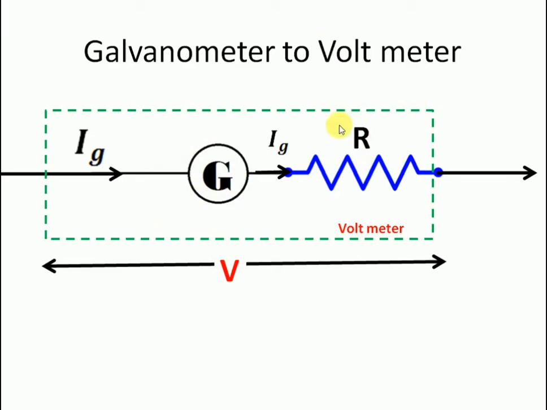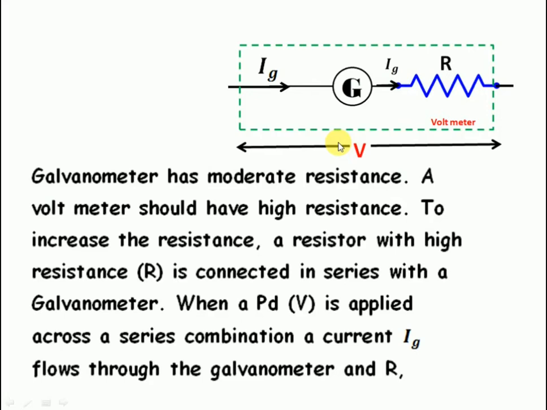Now we have to calculate R. In this case Ig will flow through both the galvanometer and R, because in a series combination equal current flows through all the resistors.